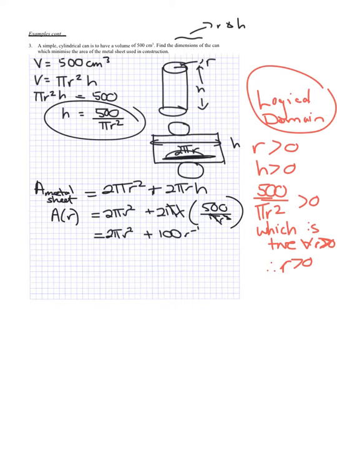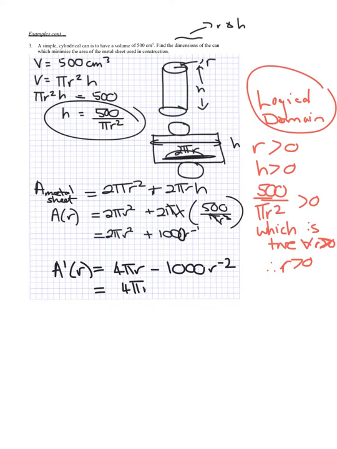So now we've done that, we're just going to differentiate our function. We're going to find A dash of r. So A dash of r, let's multiply down, subtract 1. It's going to equal 4 pi r, take 1,000 r to the negative 2. And it's probably easier if we write that now as fractions.